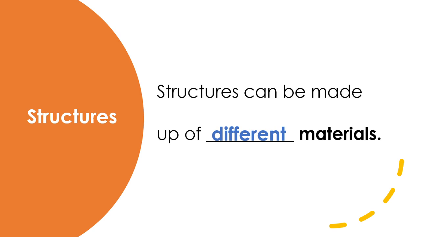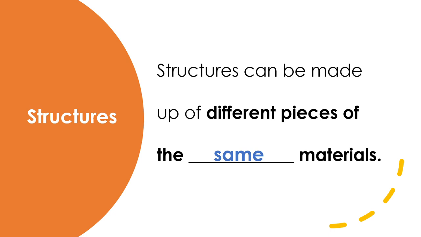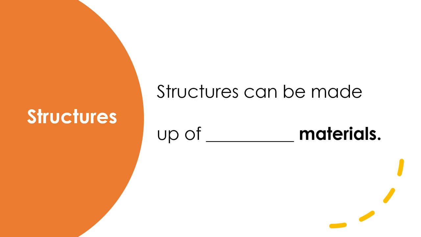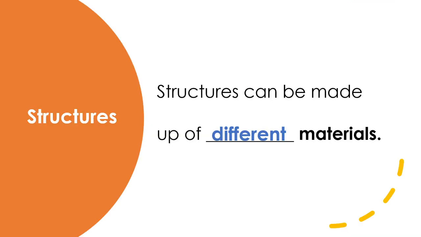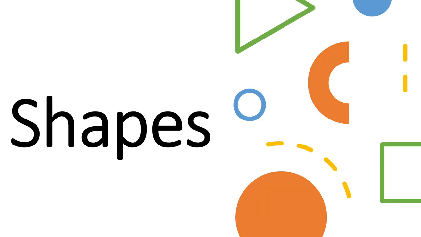Okay, so structures can be made up of different pieces of the same materials, and structures can be made up of different materials. And before I go on to this one, structures always have a what kind of job to do? They always have a special job to do, right? So the way that the structure is built, the way that the structure is designed is for the special job that it has to do. Just remember that. Now let's go on.